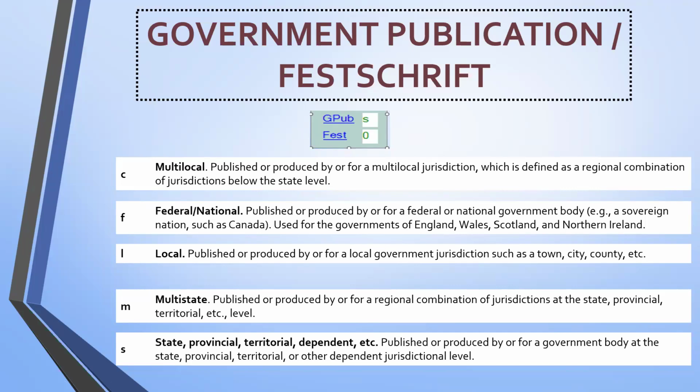And I have an example of that later on the slides. Okay, and for Festschrift, I've never seen a Festschrift, and I've never cataloged one. So I think every record I've created has a 0 in this field. And there has to be a 0 in there, otherwise you'll get an error message from Connexion.